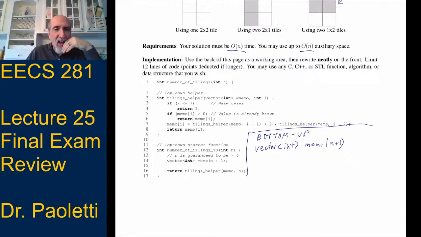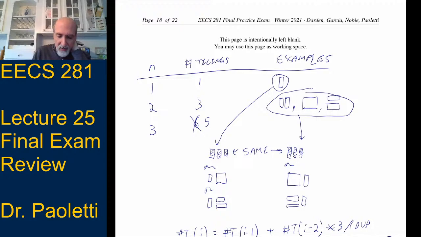Okay, so I've got that. Then since we're going to do a bottom up, we need to put some base cases in here. So I could say memo sub 1 is equal to 1, because we did that example a little while ago. So when n is 1, there's one way to do it. When n is 2, there's 3 ways to do it.